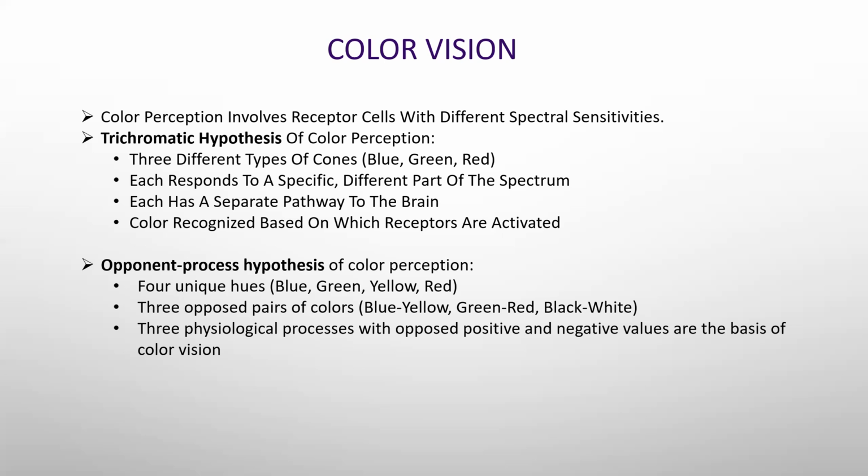There are cones that are blue cones, and they send that pathway to the brain, and it's recognized by the cortical area as blue. Okay. There's also the opponent process hypothesis, which views 4 unique hues, blue, green, yellow, red. Okay. And then 3 opposed pairs of colors. So the opposing colors are blue-yellow, green-red, black-white. So 3 physiological processes with opposed positive and negative values are the basis of color vision.